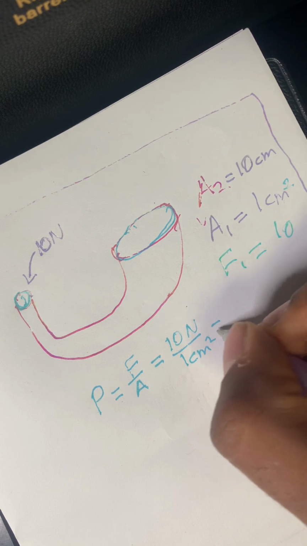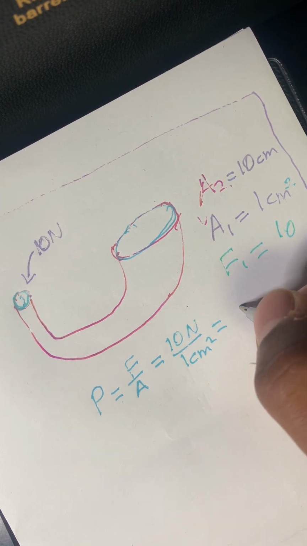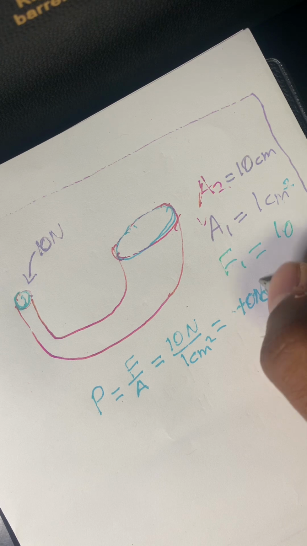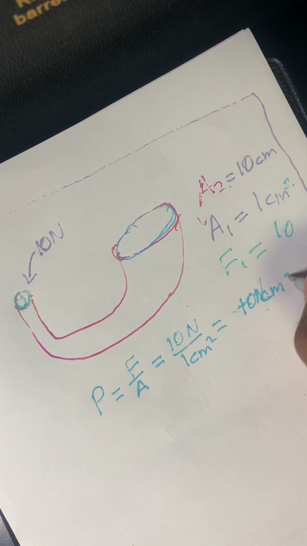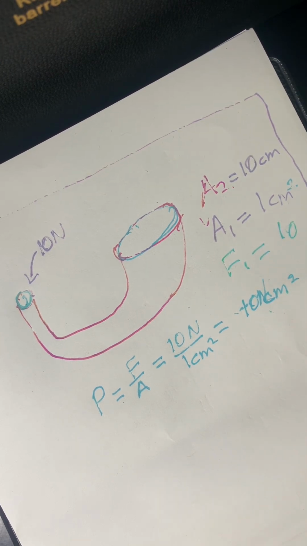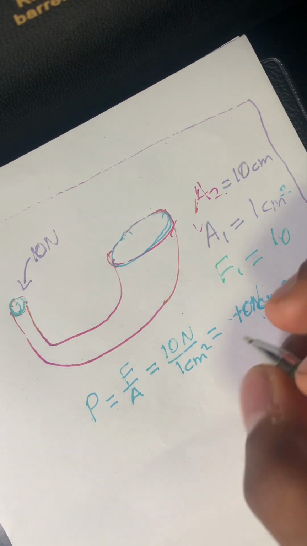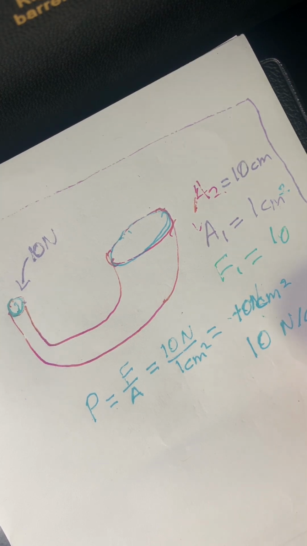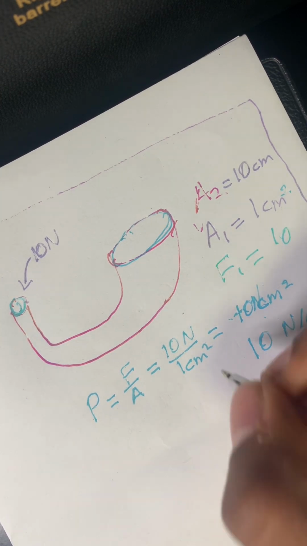So the pressure would be equal then to 10 newtons per centimeter squared. So since pressure is about how much force is being applied on a specific area, this will have a 10 newton per centimeter squared pressure.